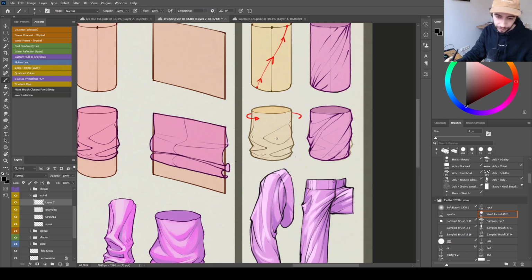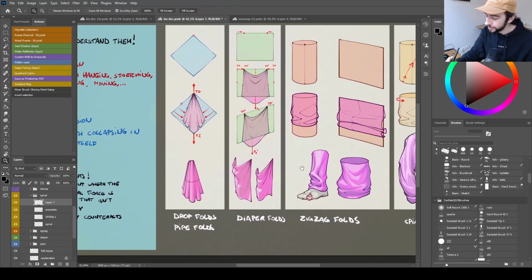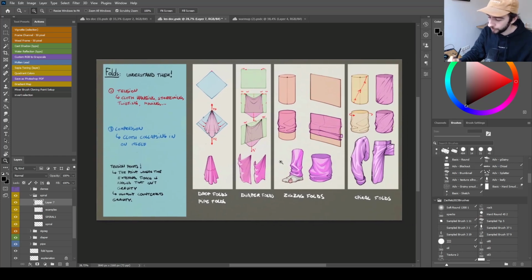So there's a lot of different things happening at the same time with cloth, but it should definitely help us get a bit more of a clear understanding on how to create cloth from imagination just with these couple simple ideas.